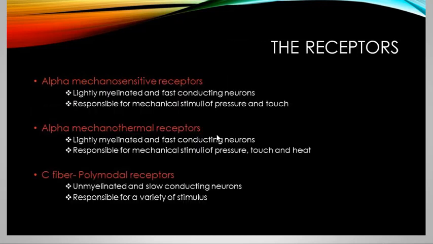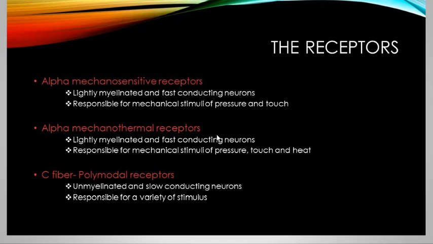And next, the receptors. There are primarily 3 different types of receptors: alpha mechanosensitive receptors, alpha mechanothermal receptors, and C fiber receptors. The alpha receptors are typically lightly myelinated and fast-conducting neurons, both the alpha mechanosensitive and thermal sensitive receptors.